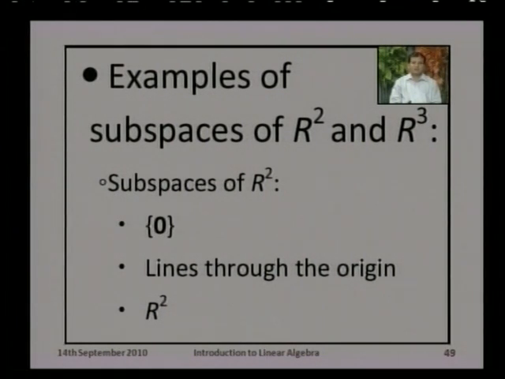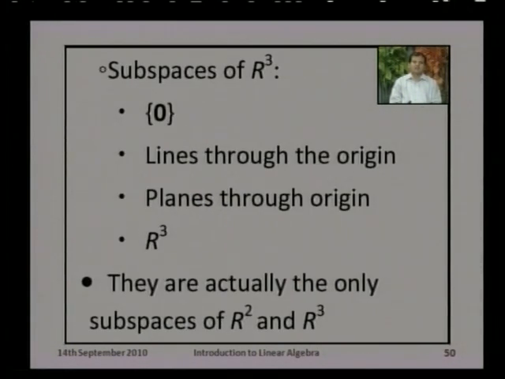So what are the subspaces of R2? 0 itself, R2, and any line passing through the origin are subspaces of R2. The subspaces of R3 are 0, lines through the origin, planes through the origin, and R3.